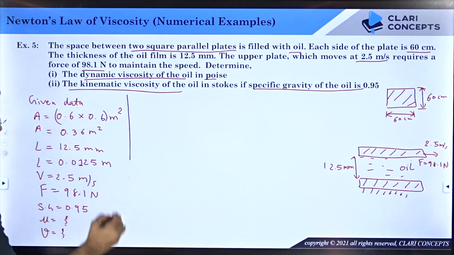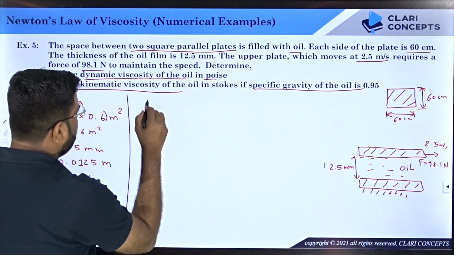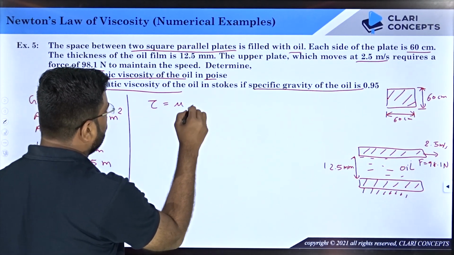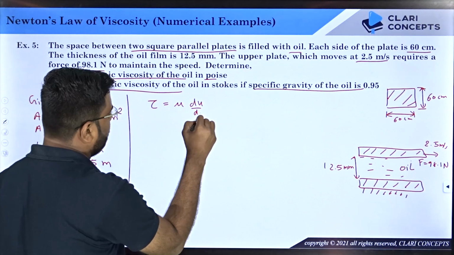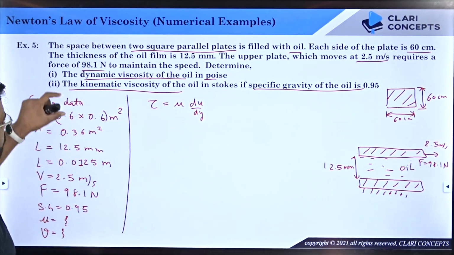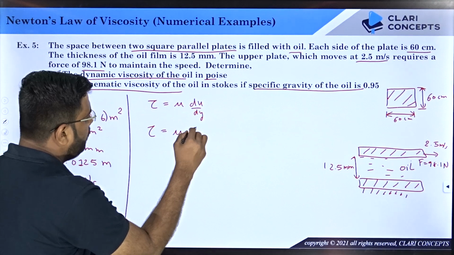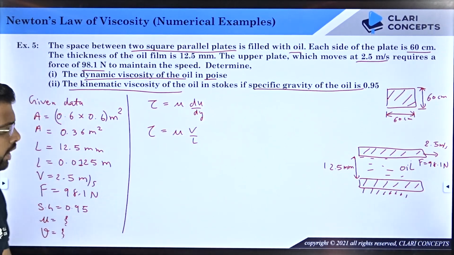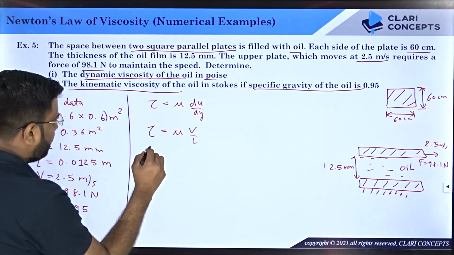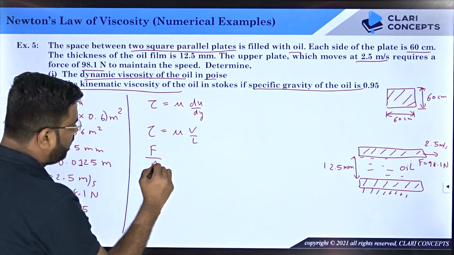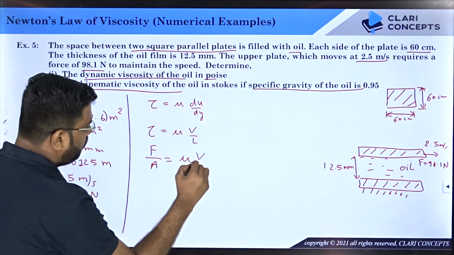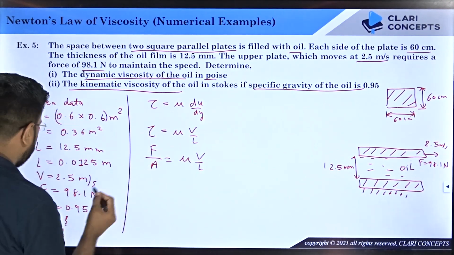So let us start solving this. Firstly, as per Newton's law of viscosity, tau equals mu du by dy, isn't it? Now again, assuming the linear velocity profile, du by dy can be replaced as V by L. Very simple, right? Now for tau, we can say tau equals resistive force divided by area, equals mu V by L. Now put all the values.